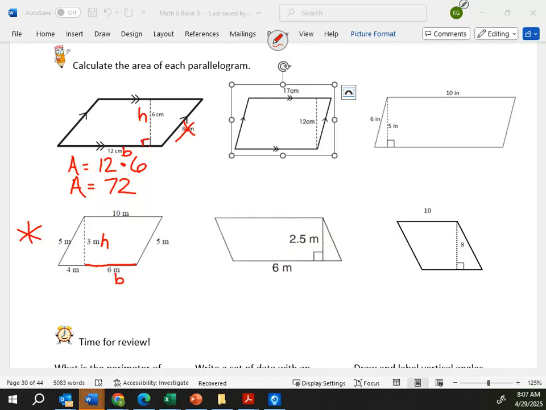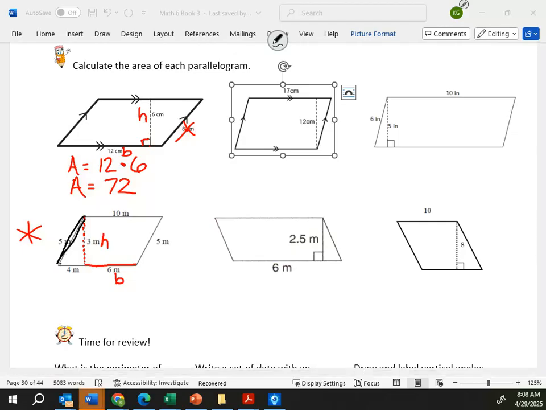Look carefully at our lines. What do you think we need to add to that, Lila? Because that's the entire base. Yeah. We have this dotted line here, that's our height. That's not the outside of our parallelogram. The outside of our parallelogram is here, right?